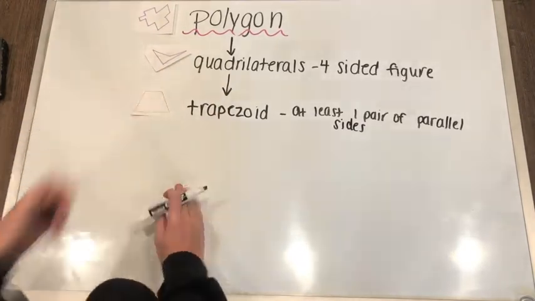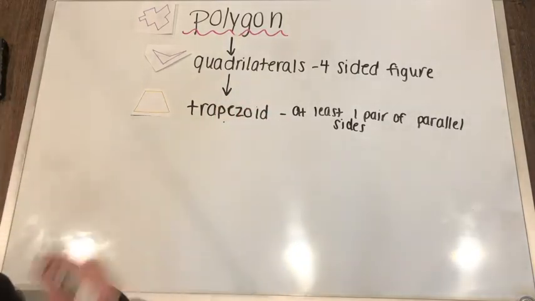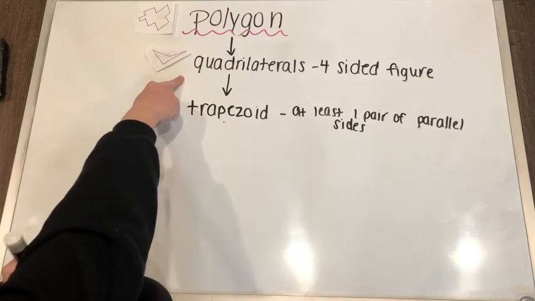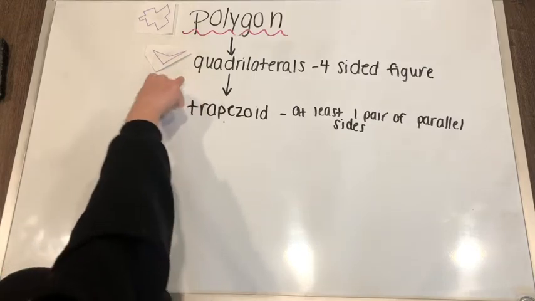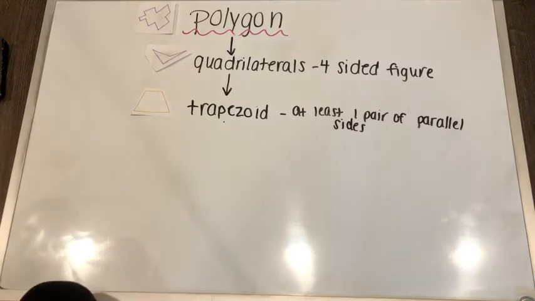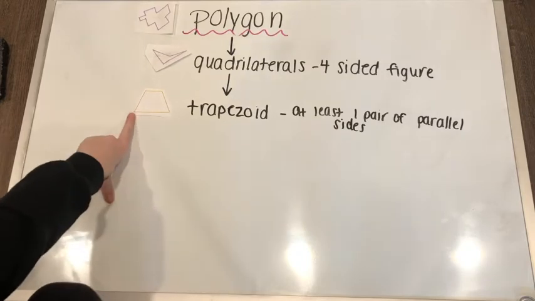So here's that 1 pair of parallel sides. A trapezoid is also considered a quadrilateral because it's 4-sided. And it is also considered a polygon because a polygon is more than 2 sides. So while trapezoid is the best way to describe this figure, it is also a quadrilateral and a polygon.